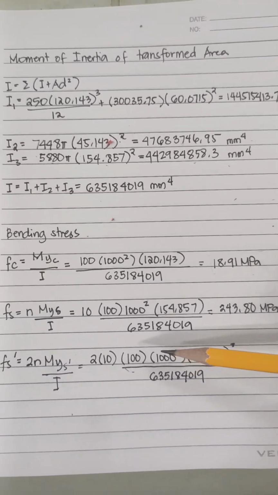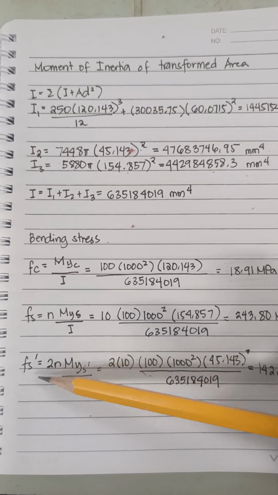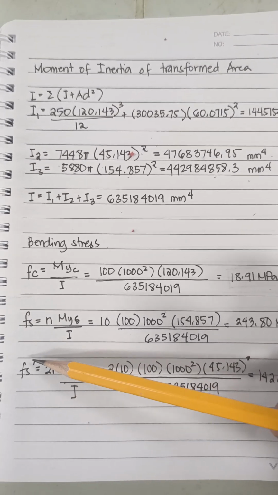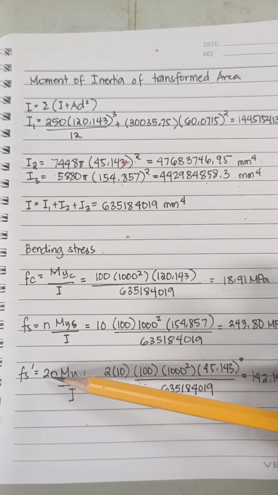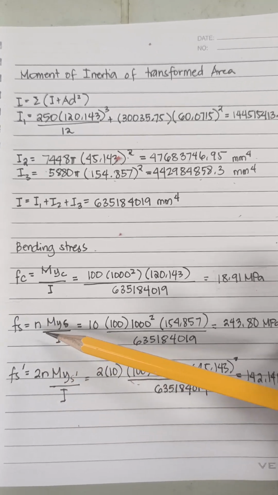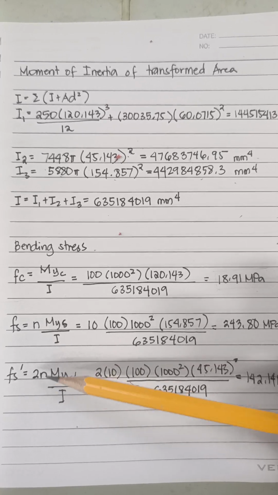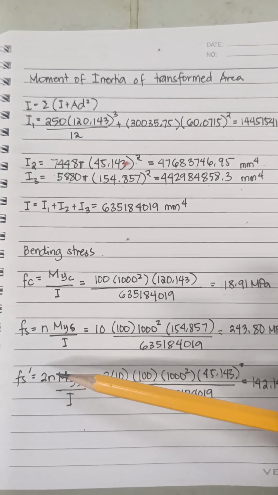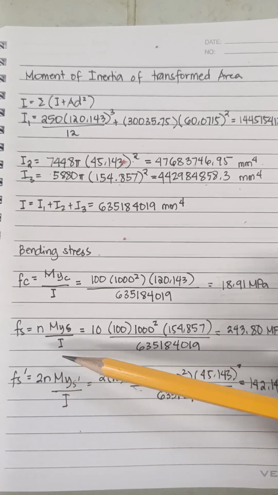And the next is for the stress at the compression bar, fs prime. Here, instead of n only, since we multiplied 2n in the transformed area, we also multiply 2n in the stress.